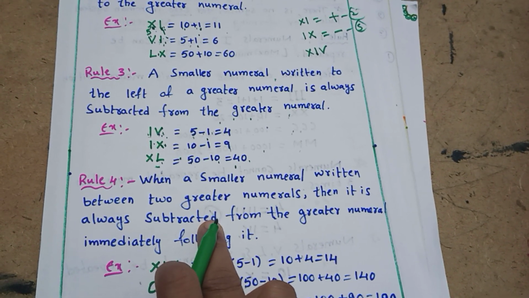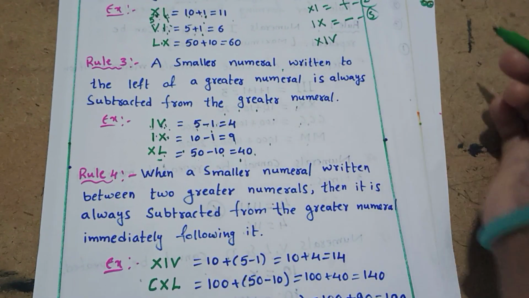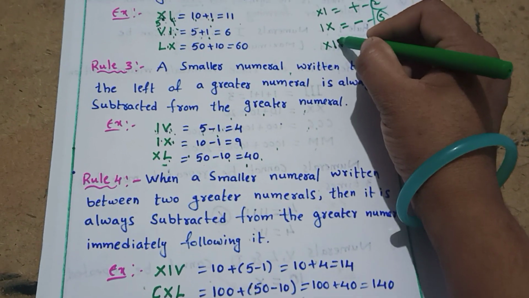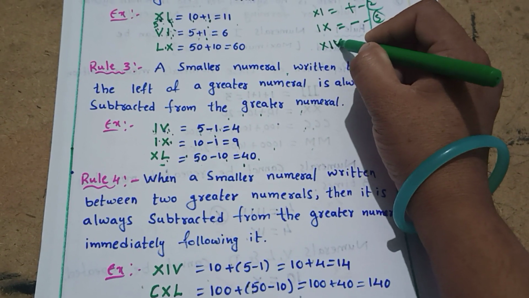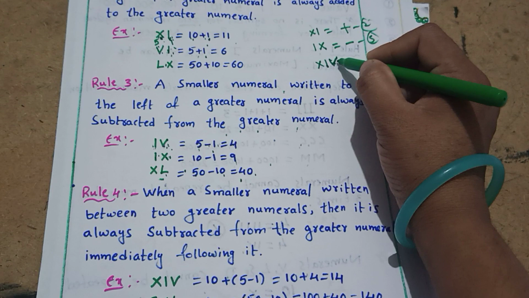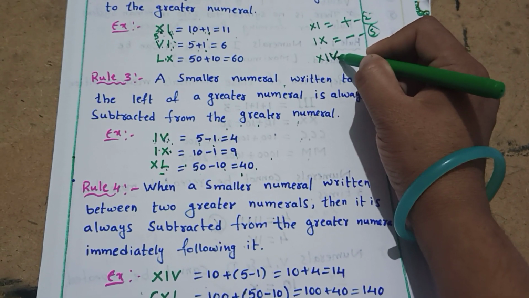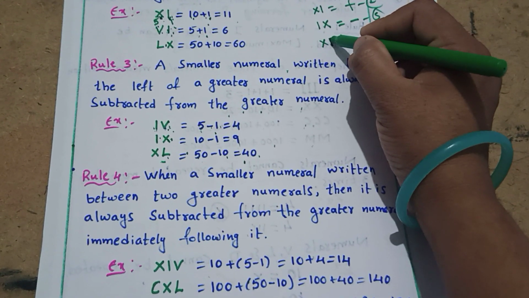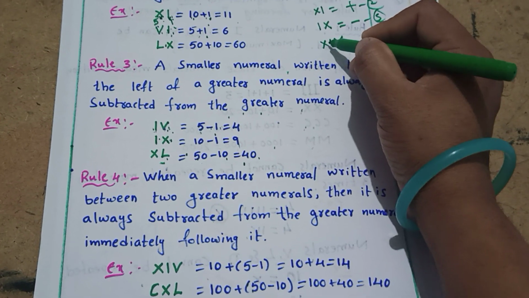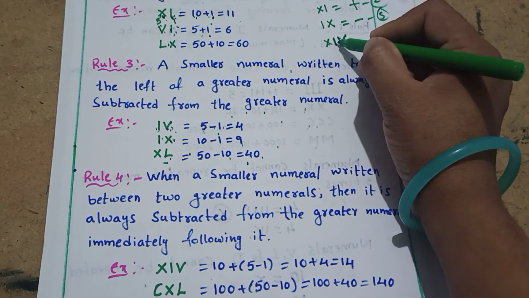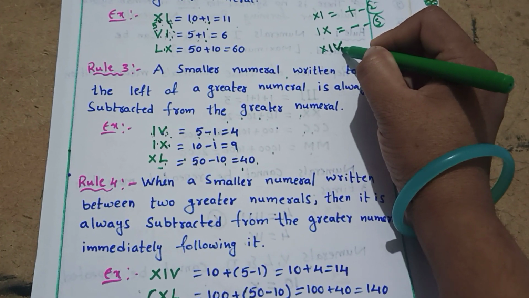It is always subtracted from the greater value immediately following it. What is immediately following it? V is the immediately following greater value.